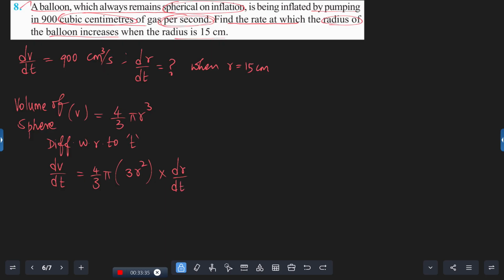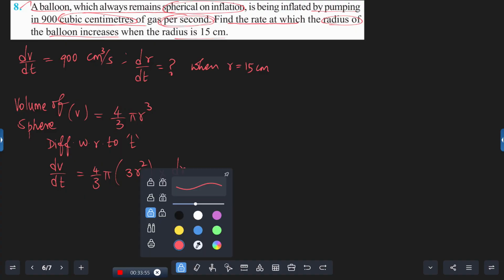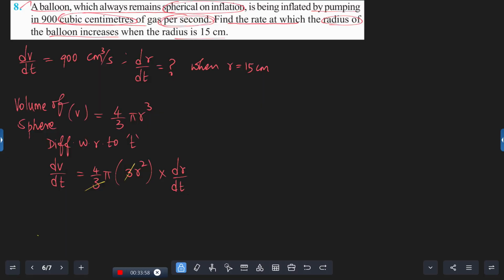Be careful when you do the derivative. The 3 in the denominator and numerator cancel. Remaining, I have 4 pi r square multiplied by dr by dt.